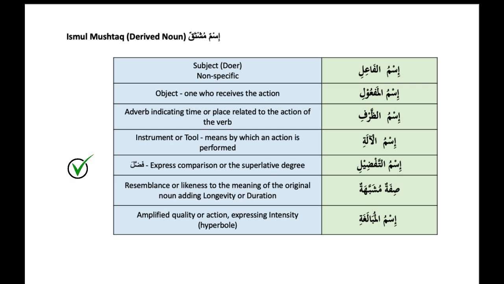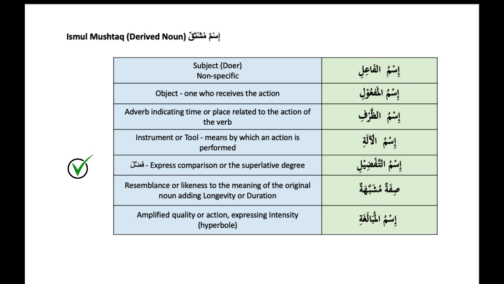Next, Ismul Tafdil. It came from the verb faddala, to express comparison or the superlative degree. Example, khayrukum man ta'allama, the best among you is who learns. Here khayru means the best, superlative degree. And Ismul Tafdil can also mean comparison between a few.